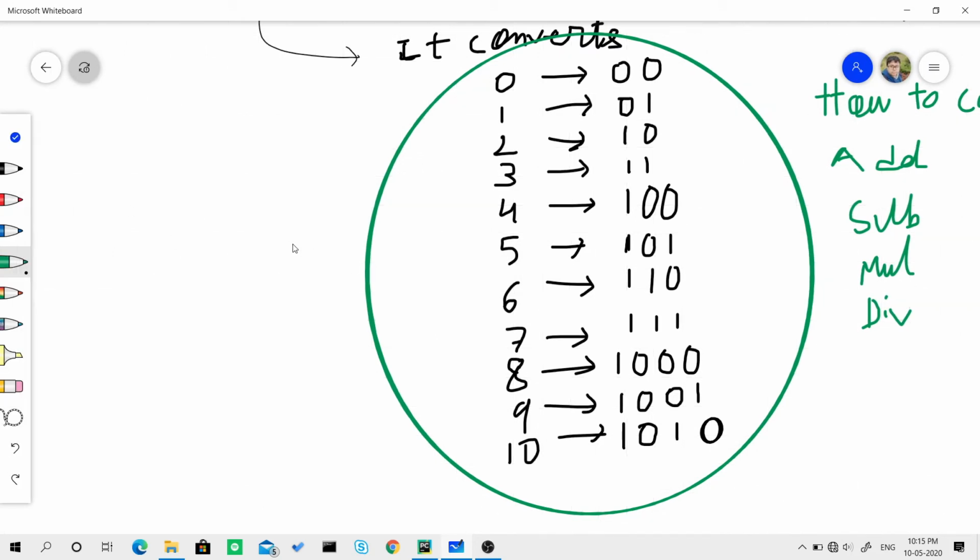So here you can see the 0, which is the first number that is counted, and it is written as 00. You can also write only one digit, but it is better to write it with double digits. Then 1 is written as 01. The next combination, 2, is 10.